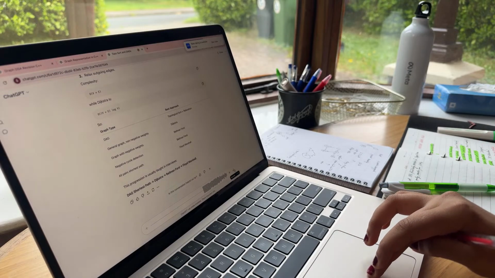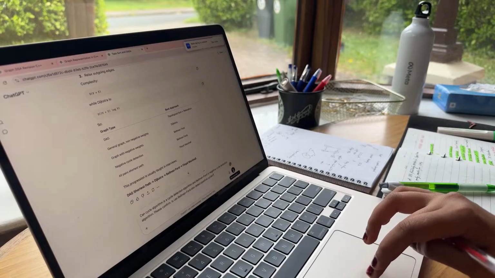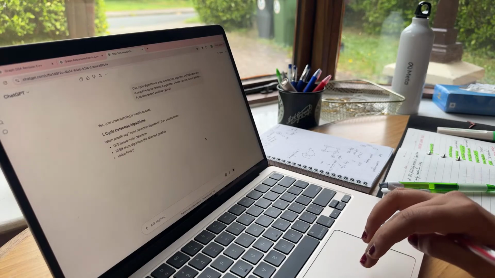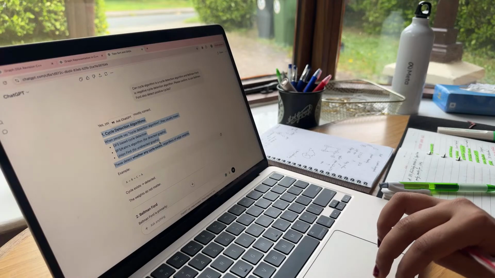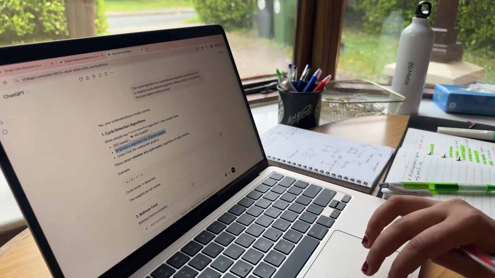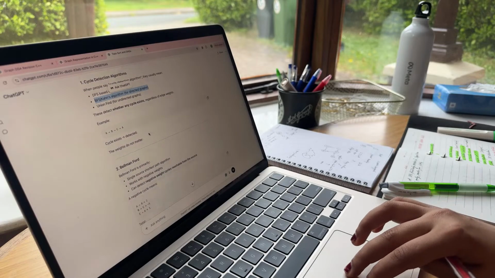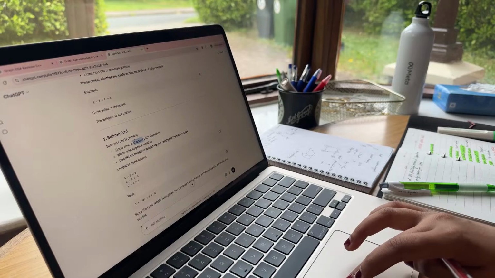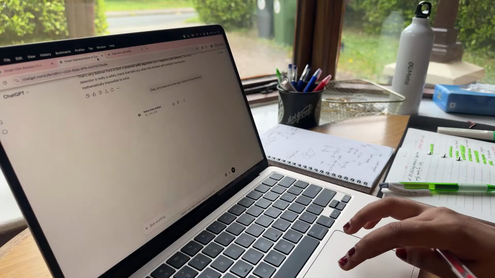Please confirm. Can Bellman-Ford also detect positive cycles? Because it is only for DAG. Yeah, you're right. Yep, you're right.